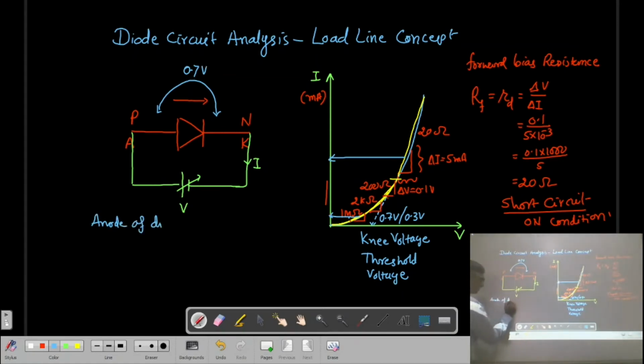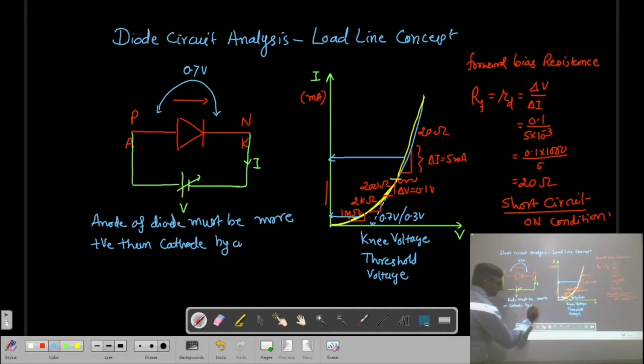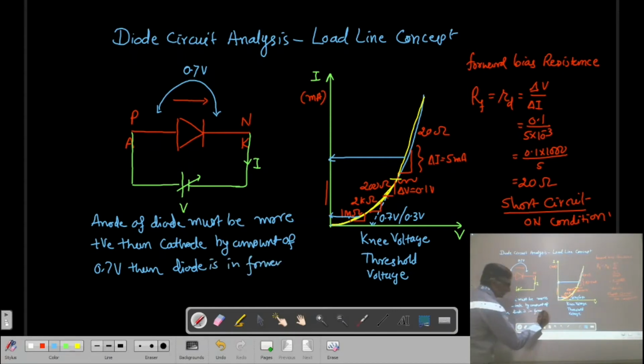The anode of the diode must be more positive than the cathode by an amount of 0.7 volt, then the diode is in forward bias.